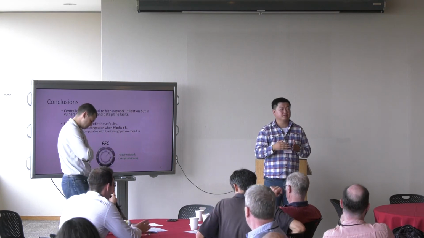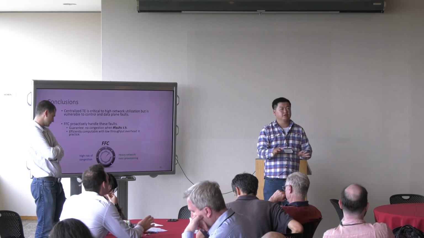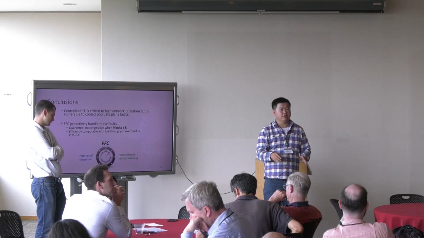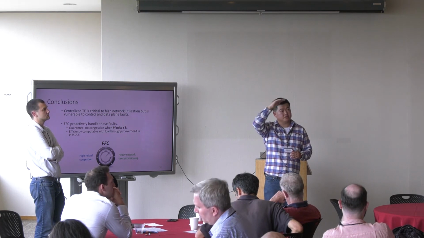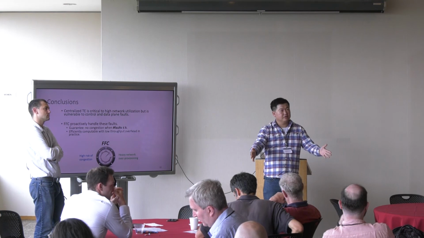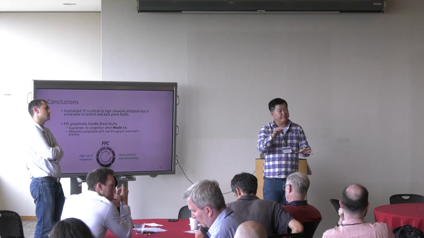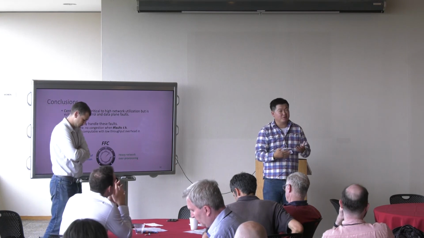FFC just defines that you have link disjoint paths. That's enough. Also, in this picture, one thing missing is congestion control. You do path selection, you do traffic engineering, and on top of this there's also congestion control, and they are working together.